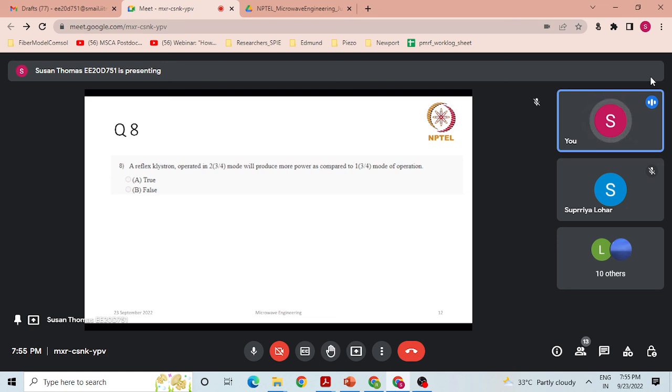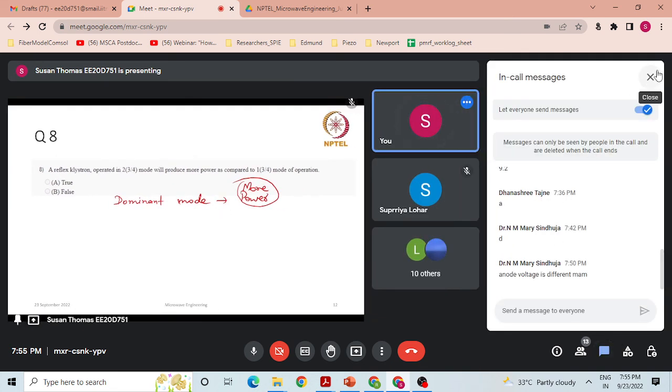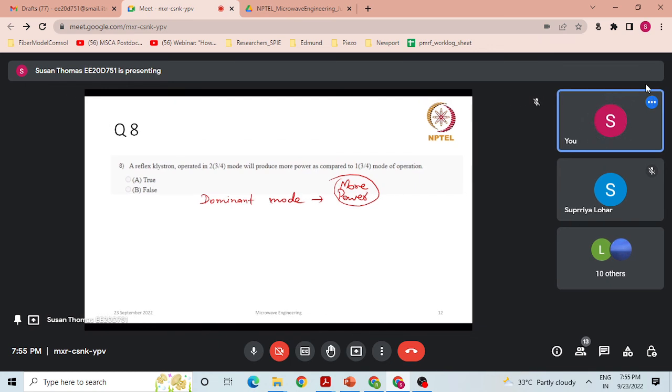So can you comment on this question? Is it a true or a false statement? The idea is that the dominant mode will have more power. What do you think? You can type in the chat.